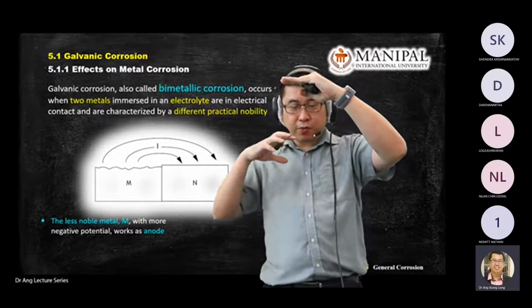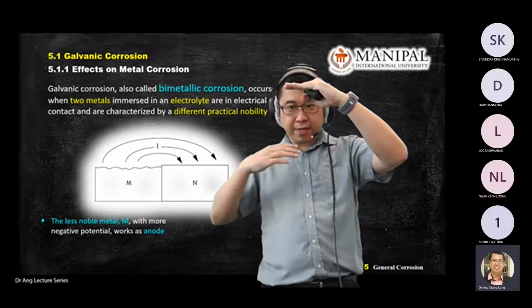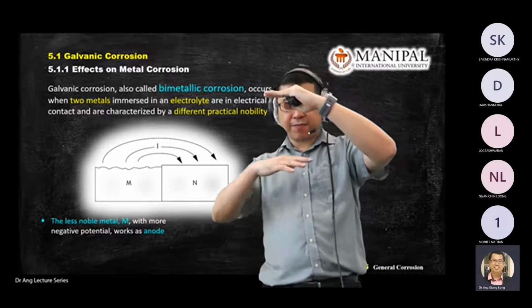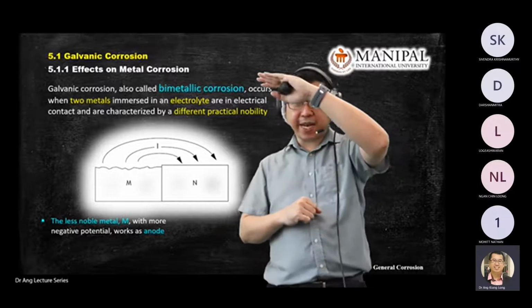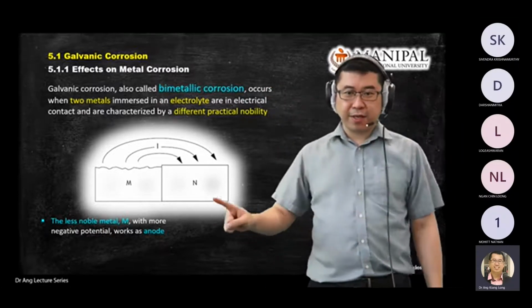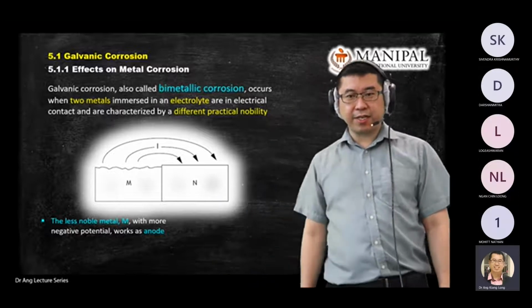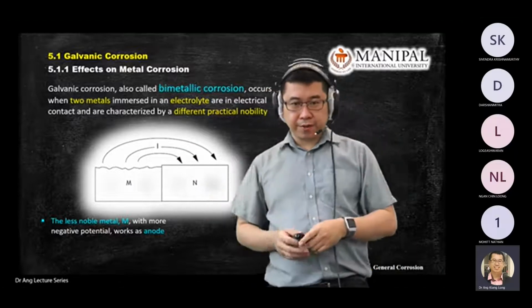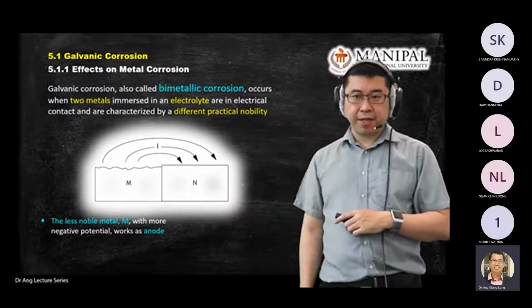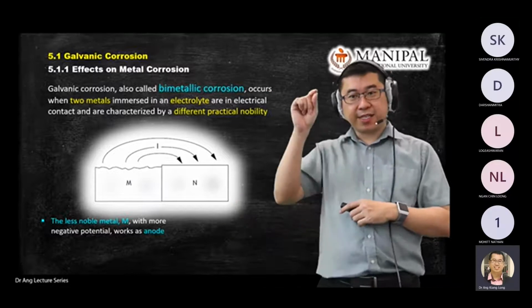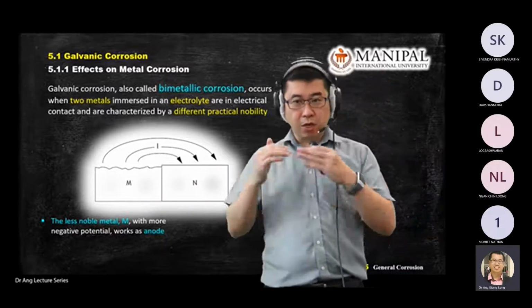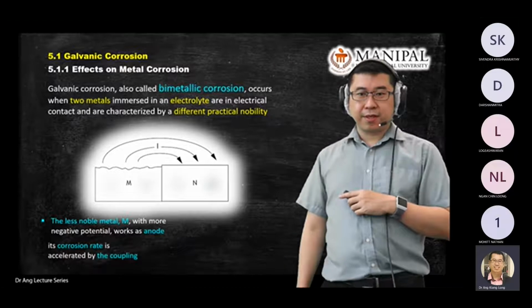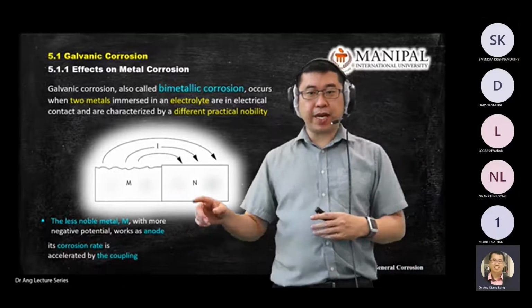Later, if we have time, in this session or the next, we will look at the anodic reaction, those at the lower level, and the cathodic reaction, those at the higher level. So now we look at the anode definition. Those at a low level in nobility become the anode, labeled M, or in the equation later, you see subscript M. Sub M means the lower level metal that represents the anode.